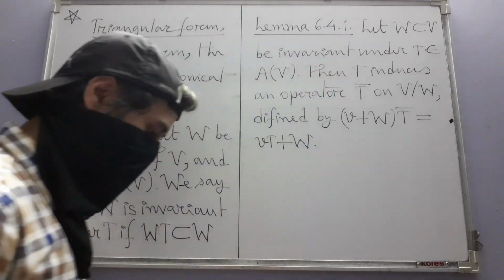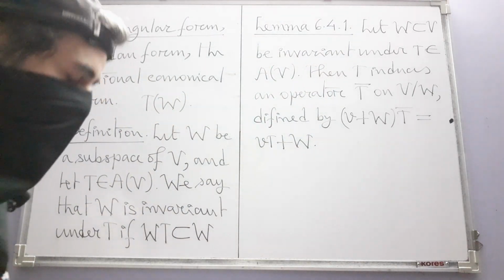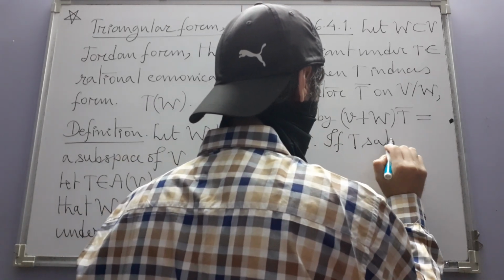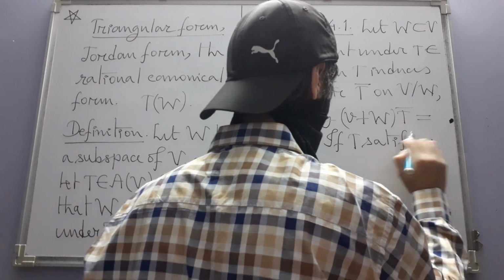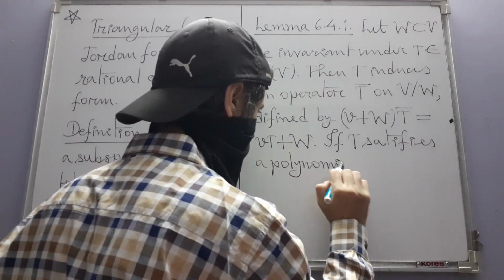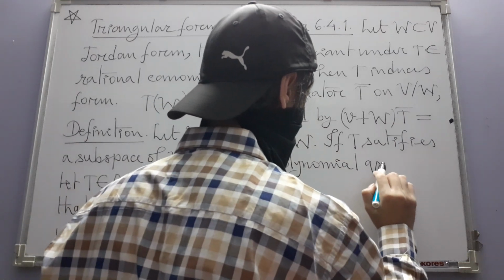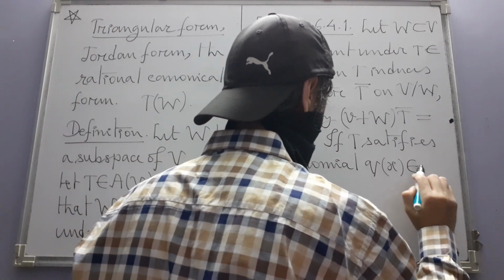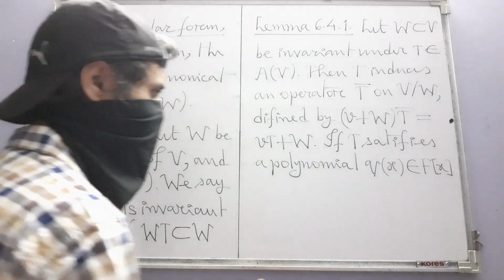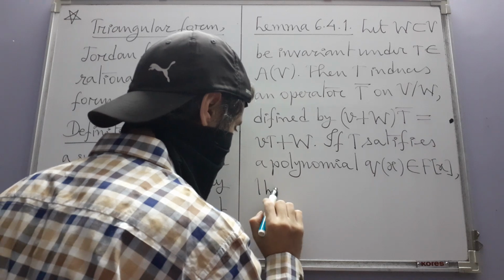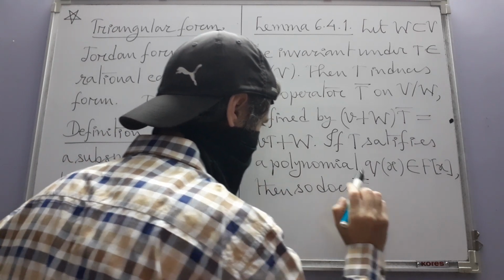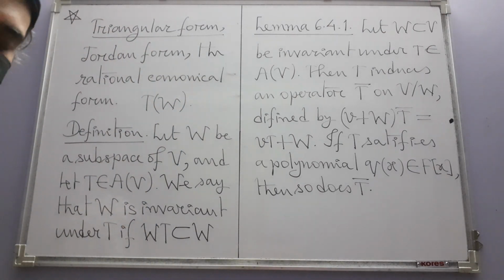And that's not all. There is something else also. If T satisfies a polynomial q(x) in the polynomial ring F[x], a polynomial q(x) over F, then so does T bar. T bar then also satisfies that same polynomial.